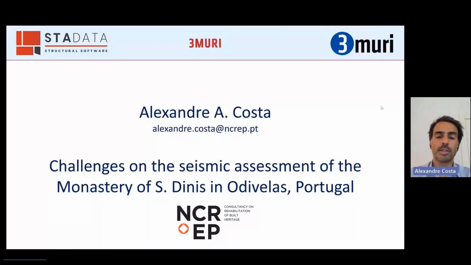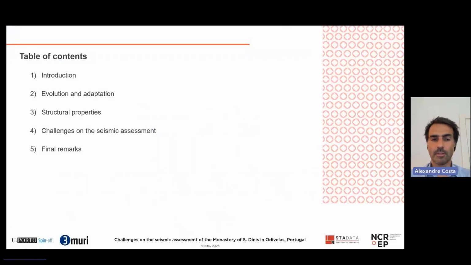Our case study is in Odivelas, a city nearby Lisbon, where we did inspection and diagnosis and the seismic assessment. The presentation is divided in five different parts. First, introduction. Then we are going to make a small understanding about the evolution and adaptation of the monastery.